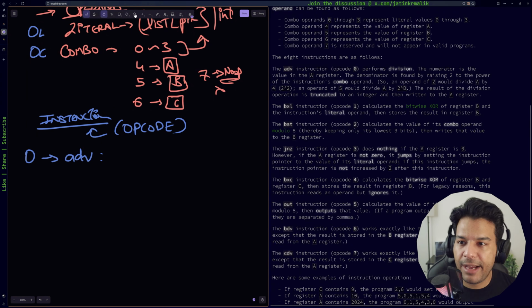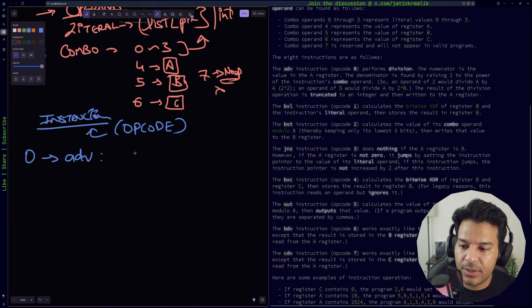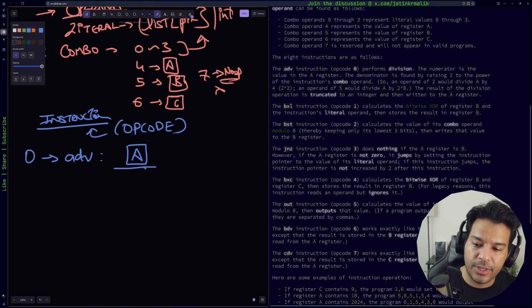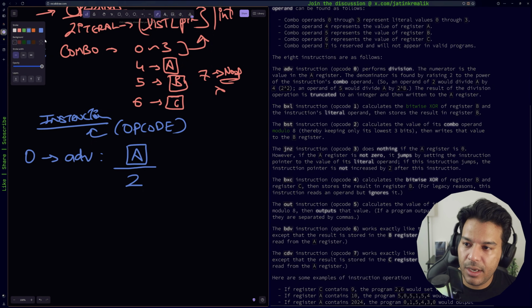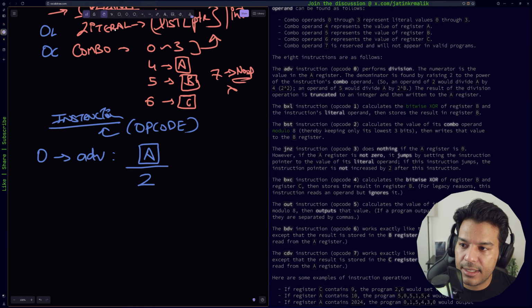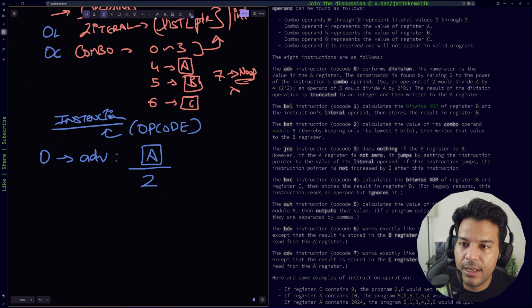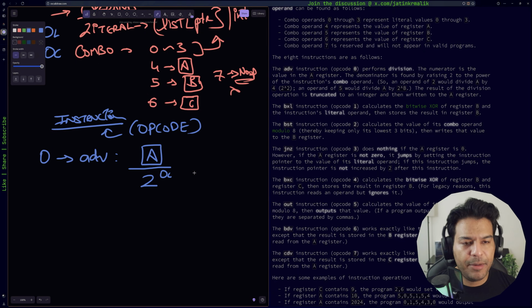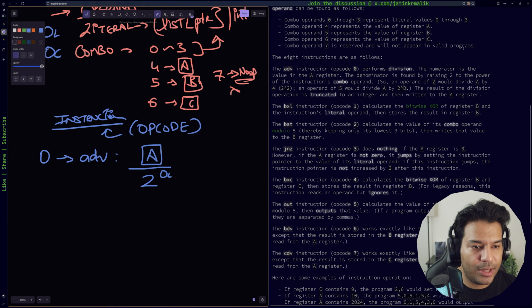The numerator is the value in A register, so it is taking the value in A divided by 2 raised to the power of the instruction's combo operand. So it will be 2 raised to the power OC. I know this is a little complicated to look at, but once we start writing code, it will be fairly simple. We are just going to write a bunch of functions, identify them and try to call them.